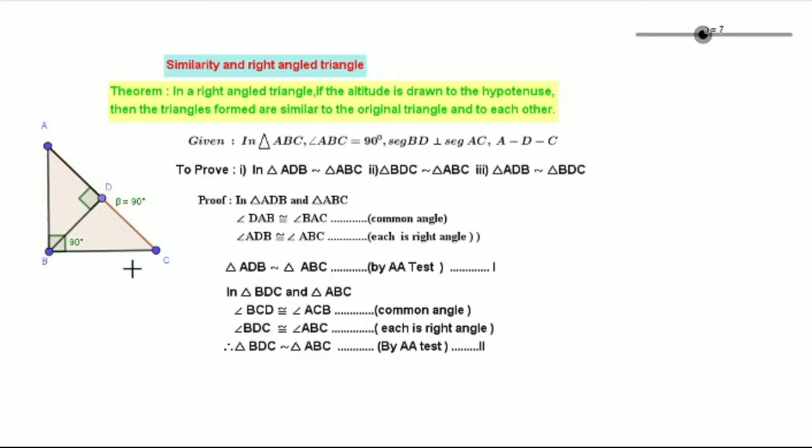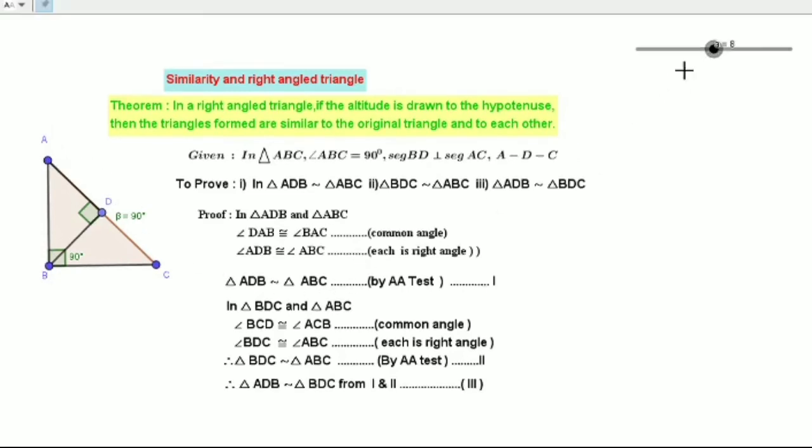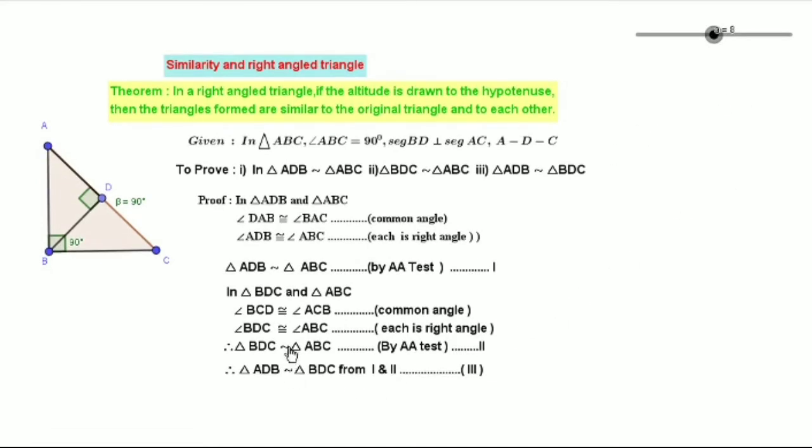And in equation 1, triangle ADB is similar to the original triangle ABC. So from equations 1 and 2, we can write: triangle ADB is similar to triangle ABC and triangle ABC is similar to triangle BDC.